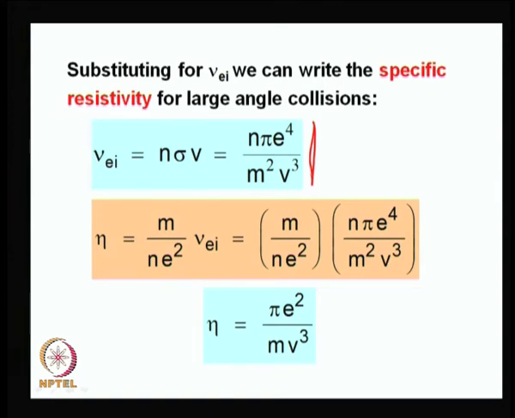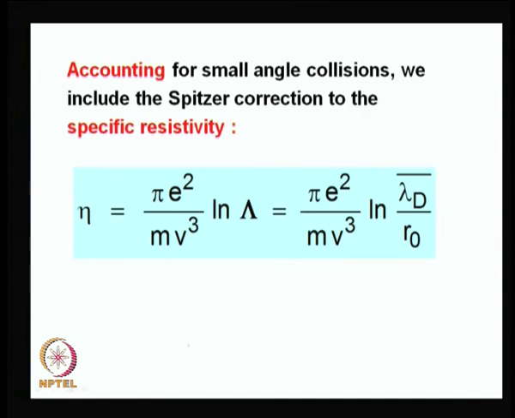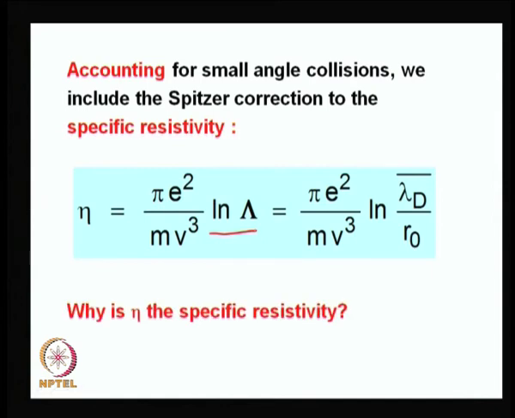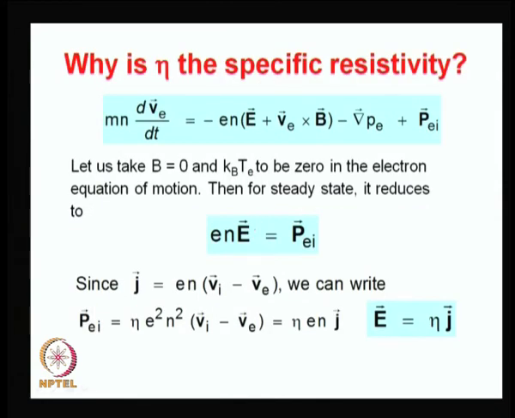We get an expression for eta equal to pi e square upon m v cube. And if we account for the small angle collisions, we have to multiply by a factor log lambda, which is the Spitzer correction.